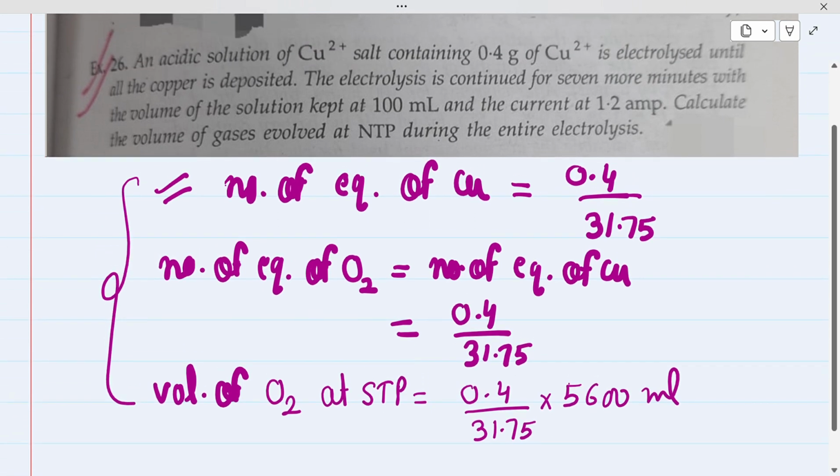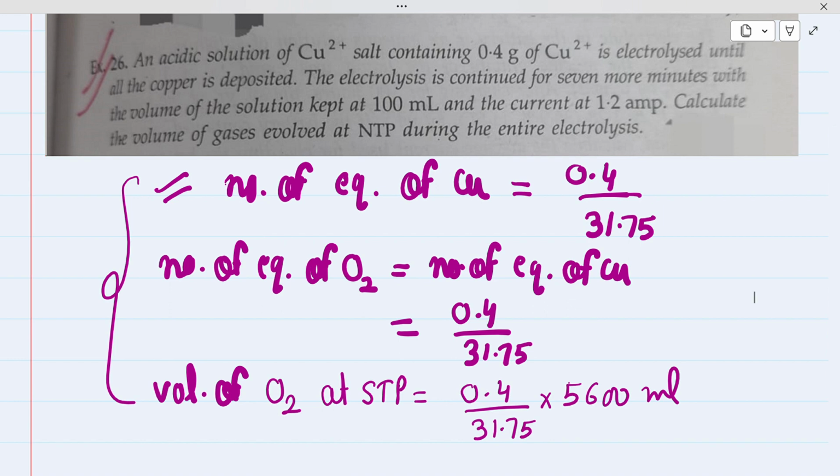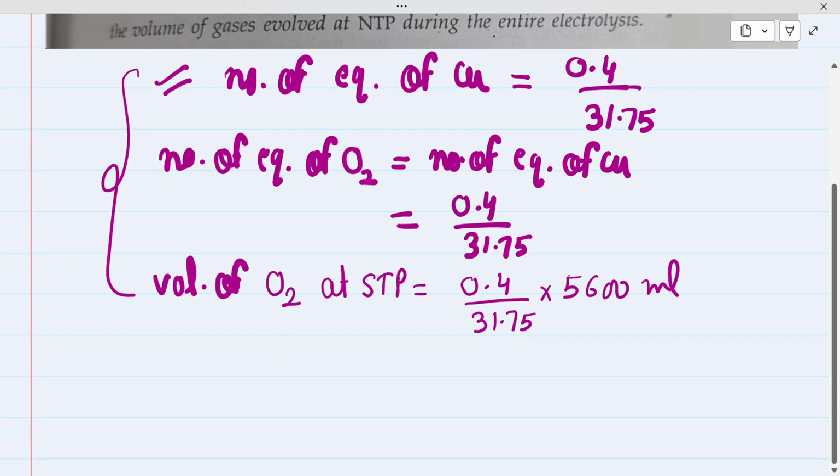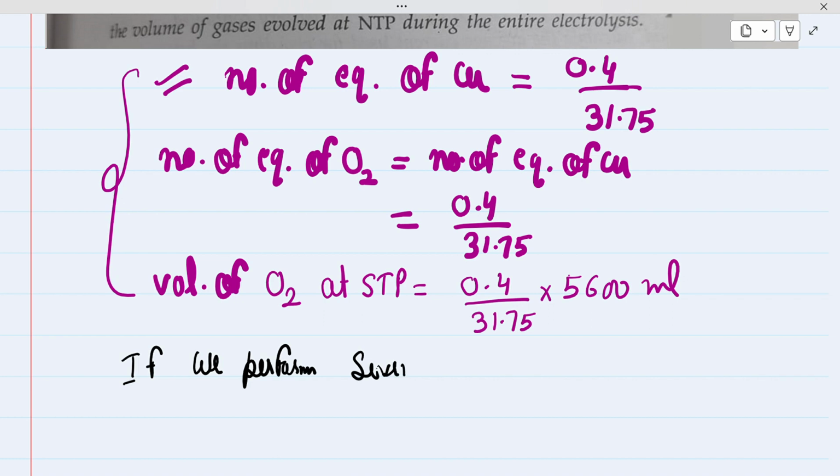In this question, it is given that we are doing electrolysis for 7 more minutes. Now if we perform 7 more minutes of electrolysis, then actually all copper will be finished.